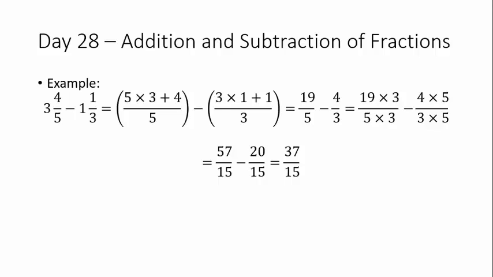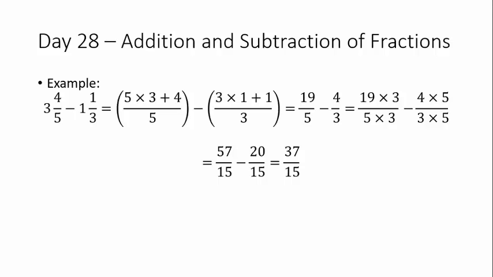So for 3 4/5, I multiply 5 and 3, and then add 4, which is the numerator, and the denominator stays the same. For 1 1/3, I do the same thing. 3 times 1, that's the denominator times the whole number, plus the numerator, so I'm adding 1. When I perform these operations, I get 19/5 and 4/3, and I'm subtracting.